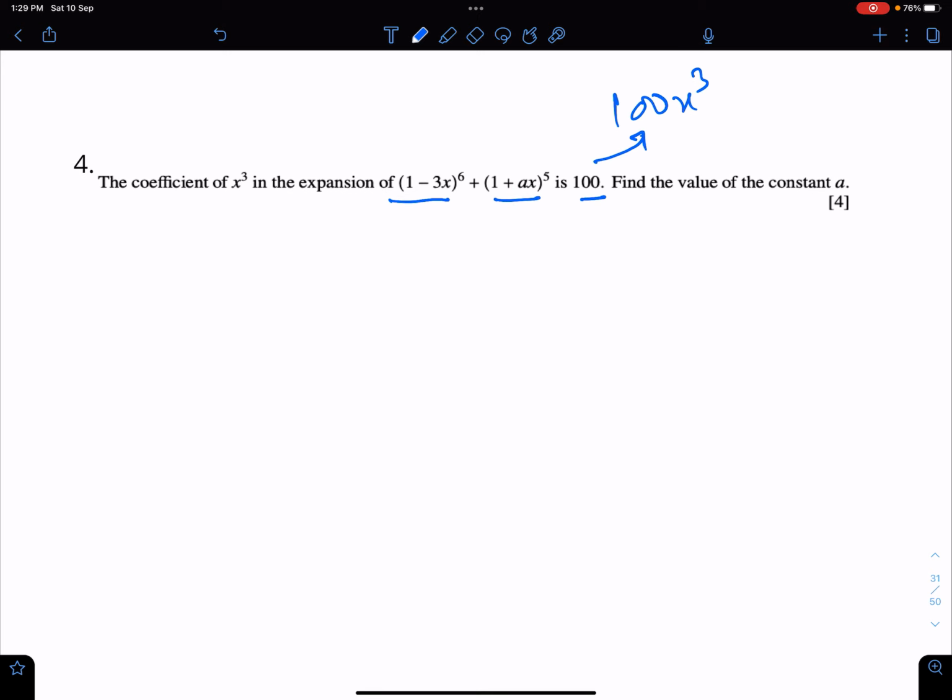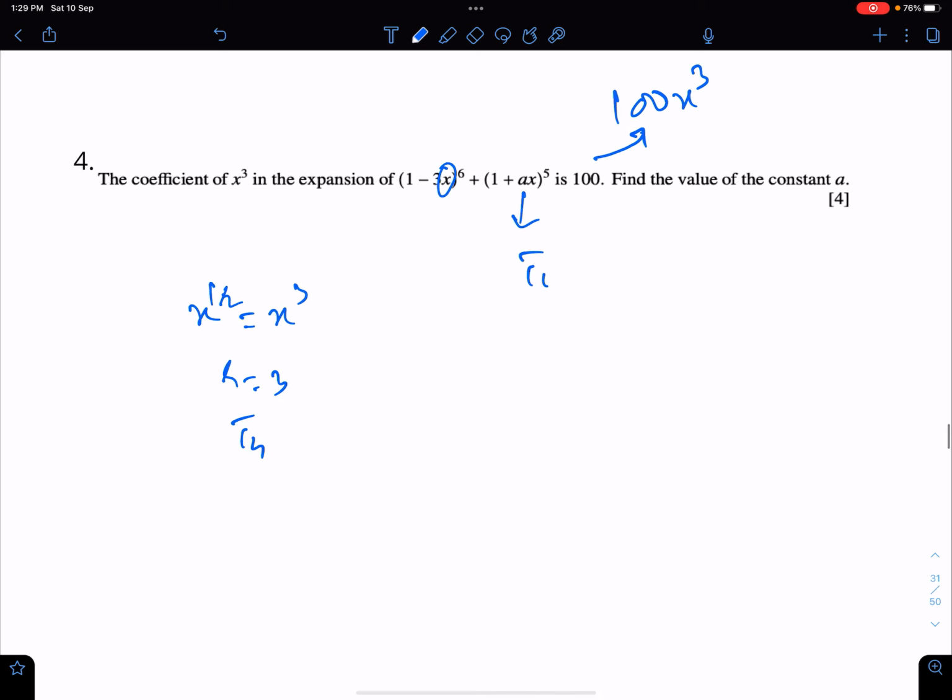So the question is, find the value of the constant. Since both expansions are simple, we can easily predict the term. See, this is x, so x power 1r is x cube, so we need T4. Similarly, we need T4 here. So we will find T4 of both the expansions.